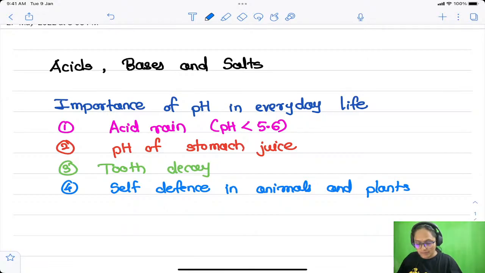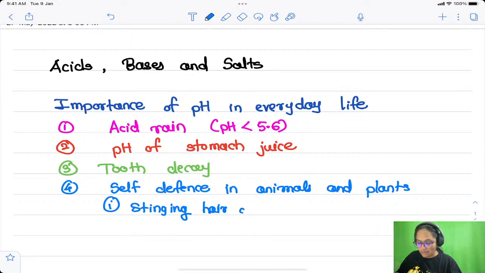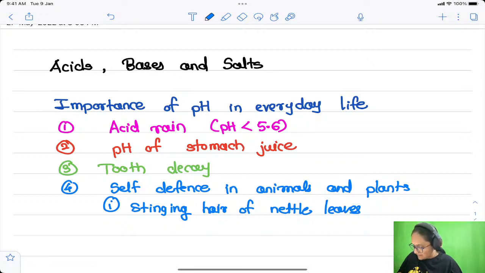Okay, so first we discussed the stinging hair of nettle leaf, second bee sting, and third ant bite.